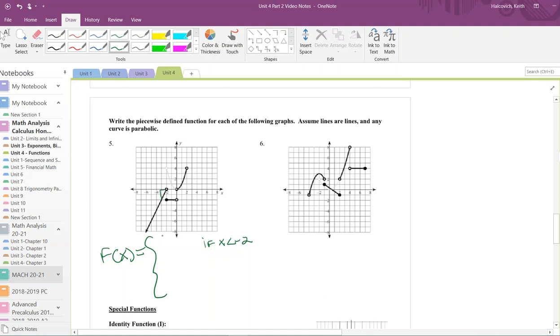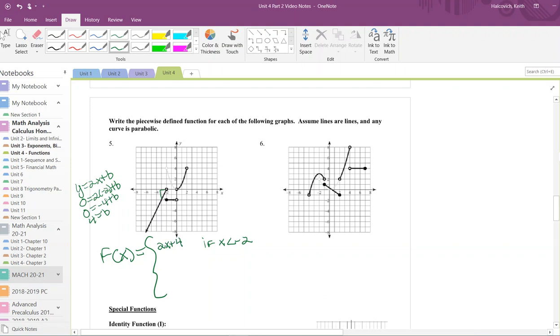So that's going to be a positive 2 for the slope. Now I just have to find the b, and I can use the point -2, 0. So y is 0 when x is -2, and that'll give me what b is. So b is 4. So the first equation is the line 2x plus 4.